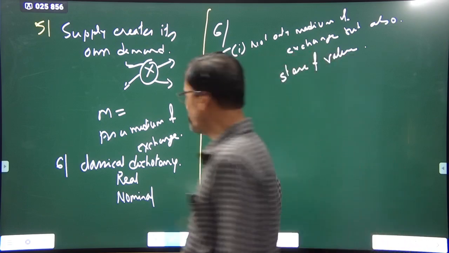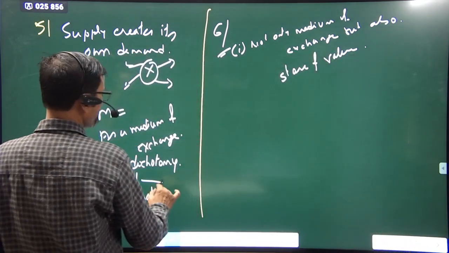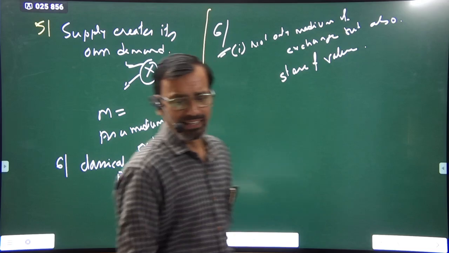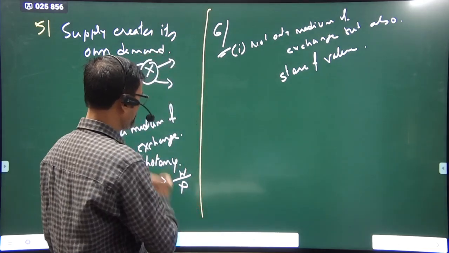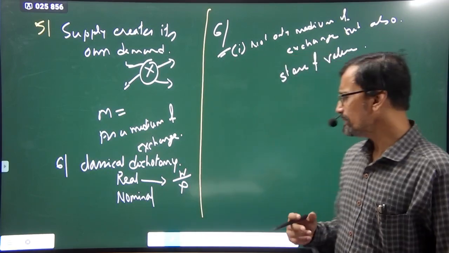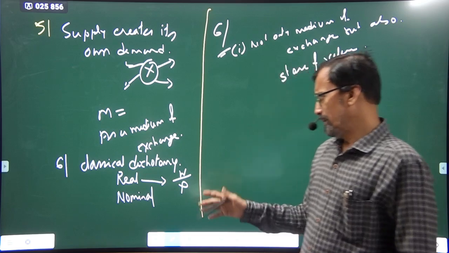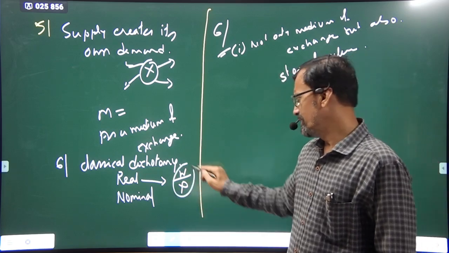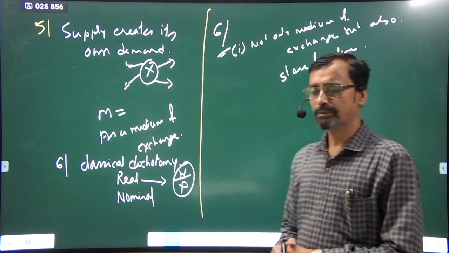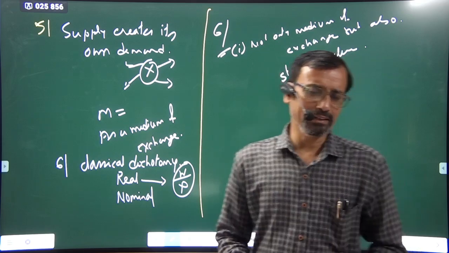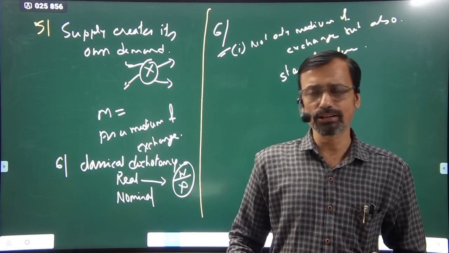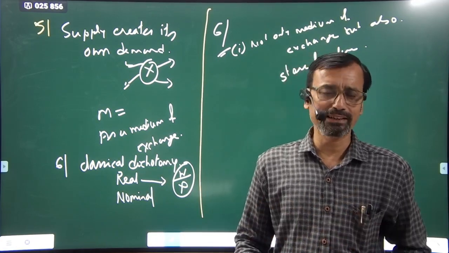So then what will be the real? The real is money wages divided by price. Real means total money wages earned divided by price. So if one worker is paid some amount in the form of wages, say ₹100, how many units can that laborer purchase with this 100?